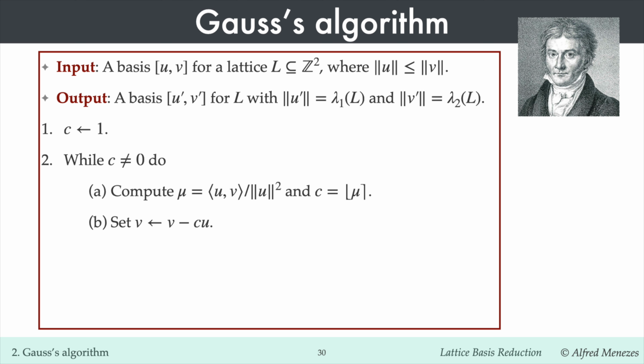Notice that the new vector v minus cu lies close to the projection of v onto the line orthogonal to u. If necessary, u and v are swapped, so that u is always the shorter of the two. This procedure is repeated until c equals 0, which happens when the absolute value of mu is at most 1/2.